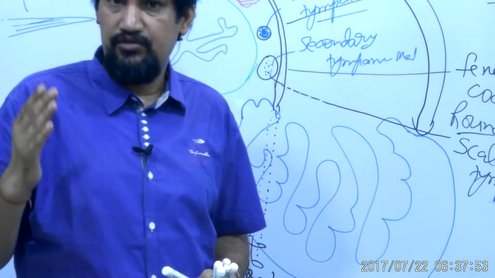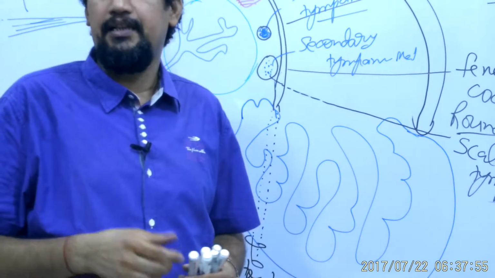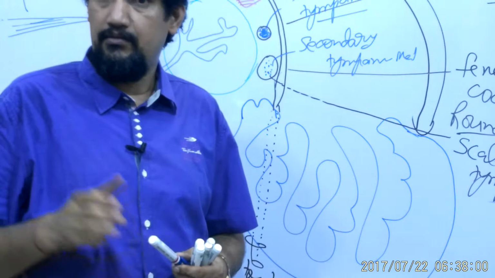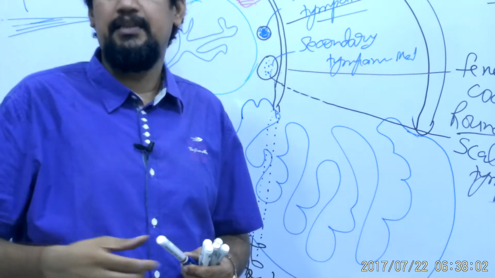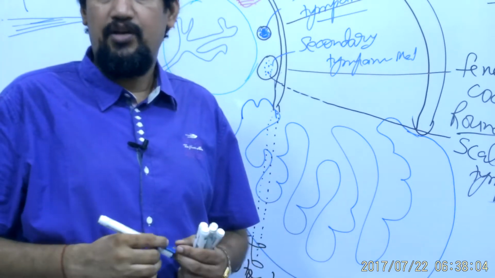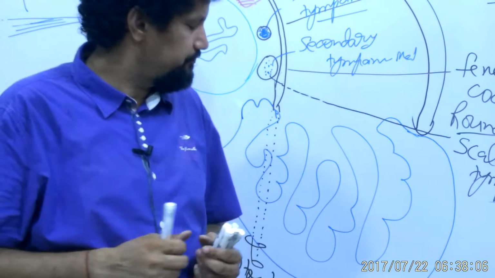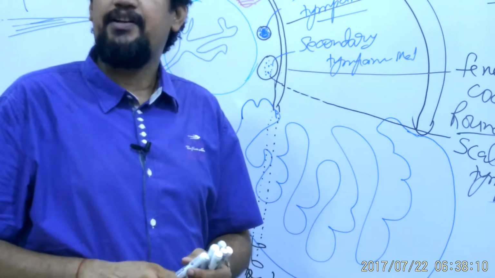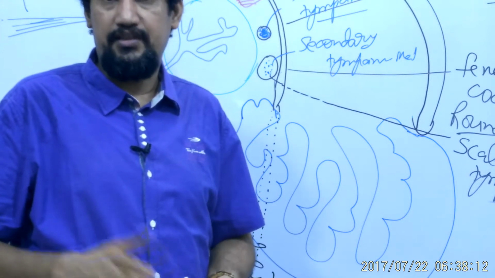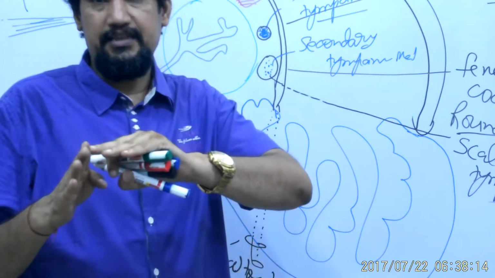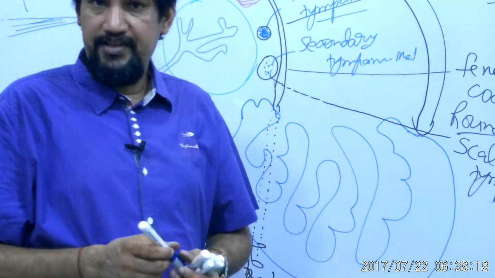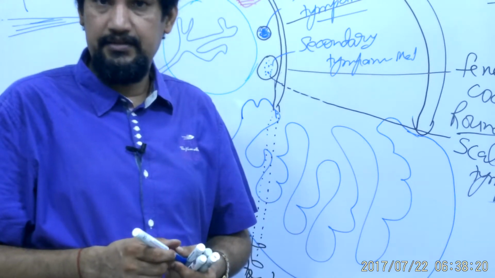There are three semicircular canals in the posterior most part of the labyrinth, and the orientation of these three canals is at right angle to each other, like one is this, the other is this, and third one is also at right angle to both. So, orientation is at right angle.